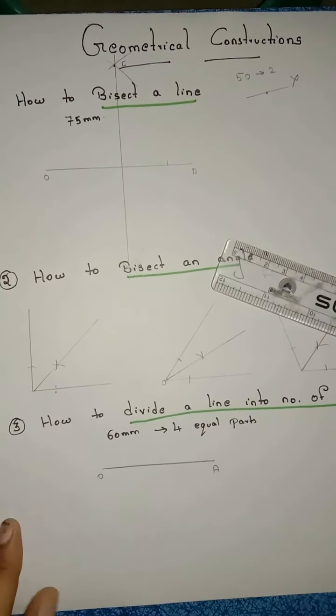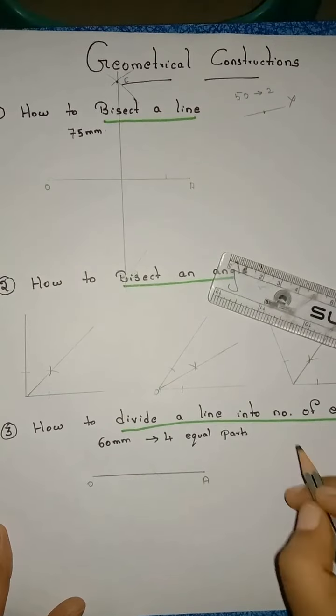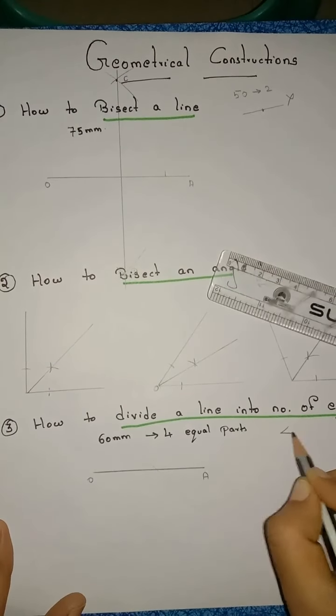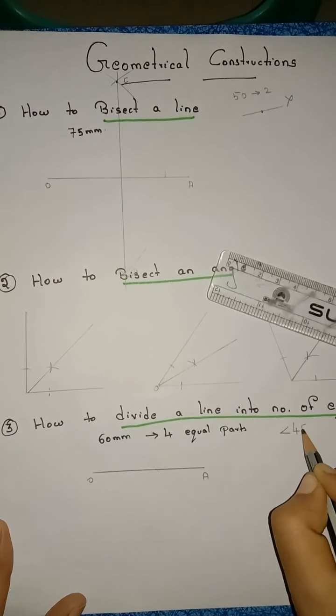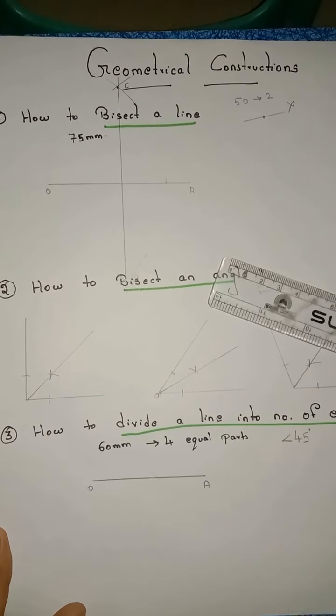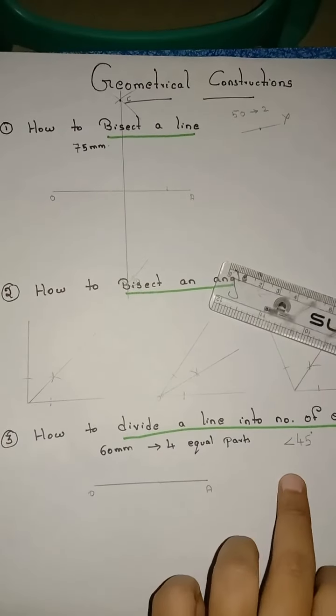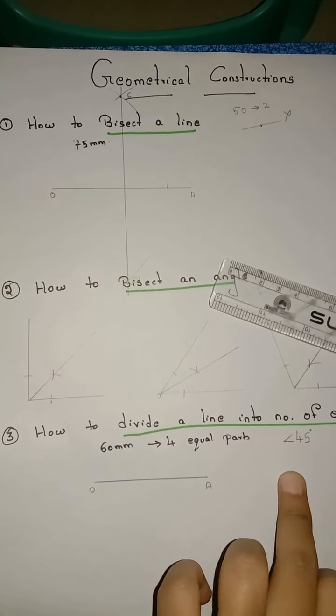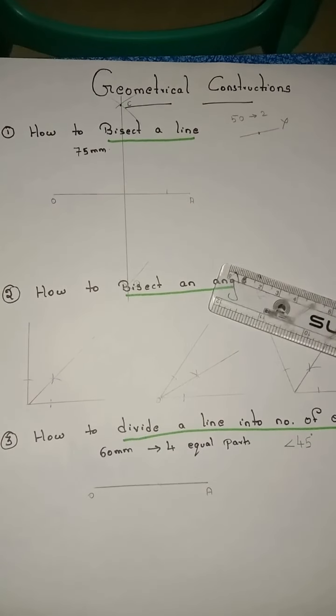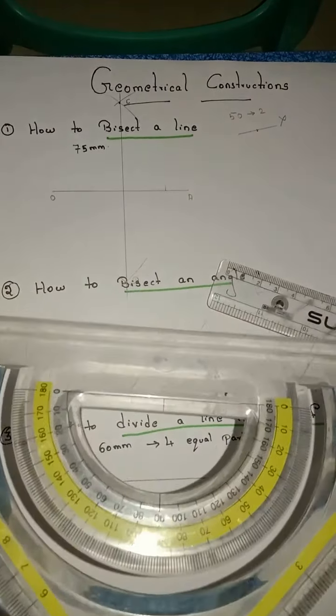Whenever you are dividing a line into a number of equal parts, you have to take an angle less than 45 degrees. This is the important concept to note. So for less than 45, I am taking the protractor.